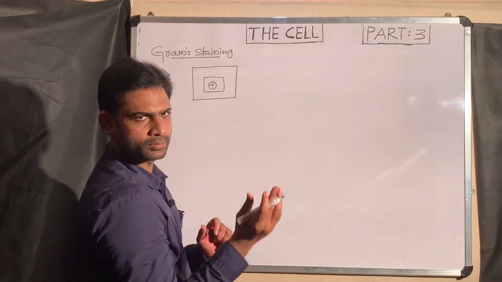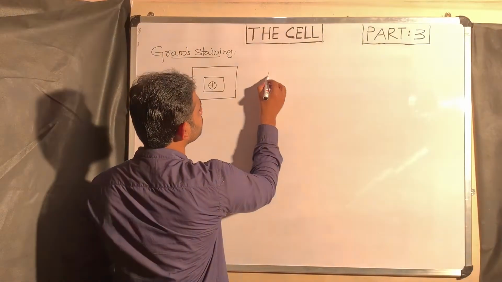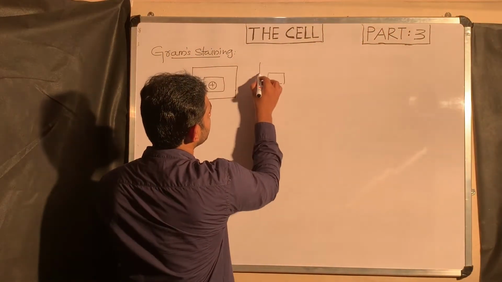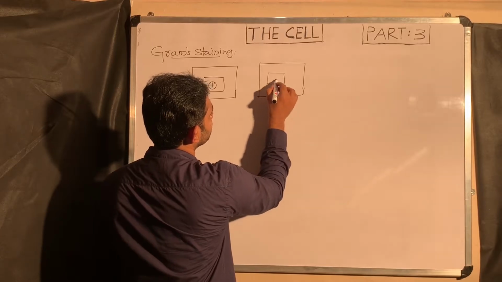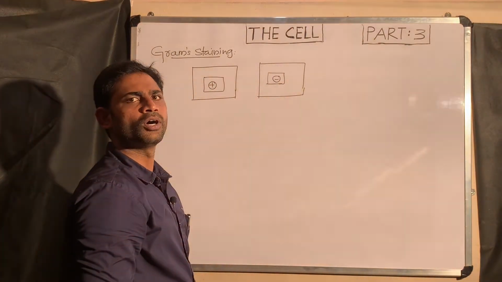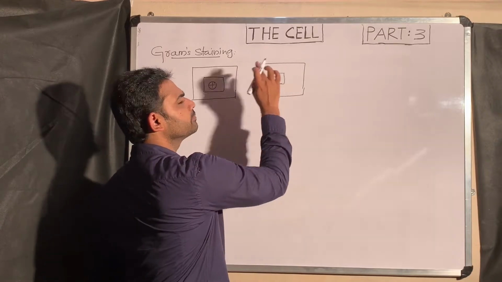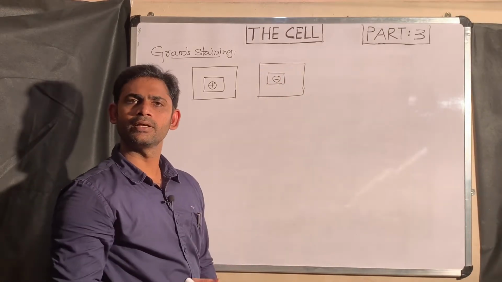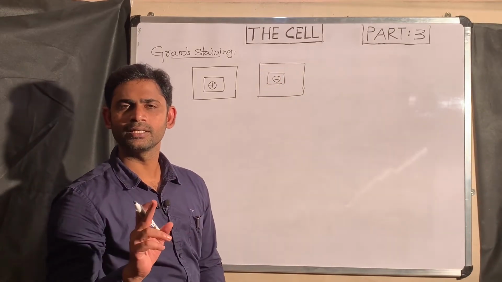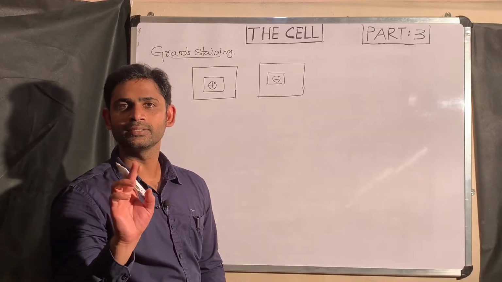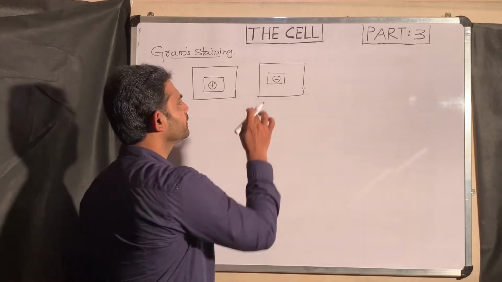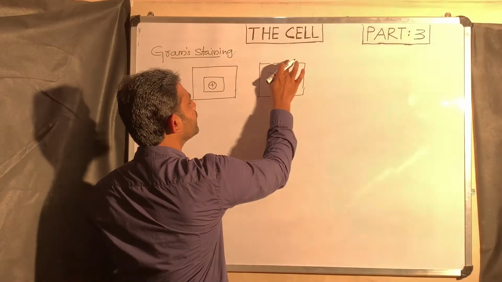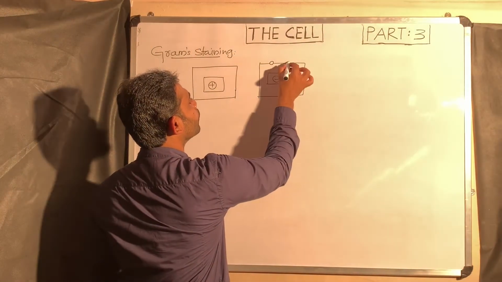Next, this is a gram negative bacteria. I will signify this as negative. The cell wall of gram negative bacteria consists of, along with peptidoglycan, lipopolysaccharide. You have to remember lipids. Along with that, the cell wall of gram negative bacteria consists of pores.